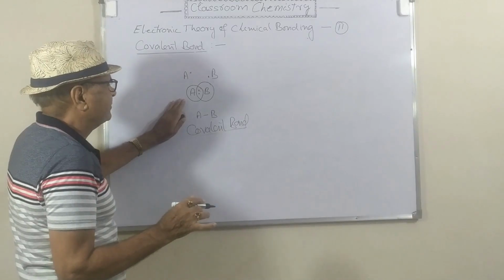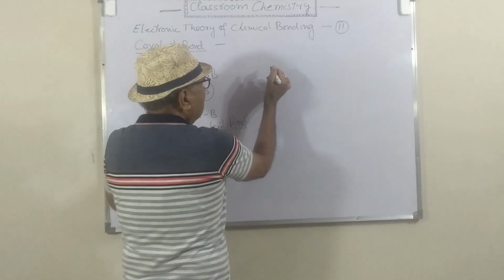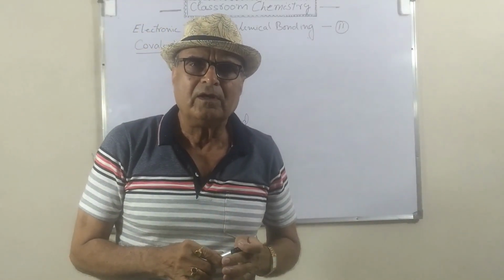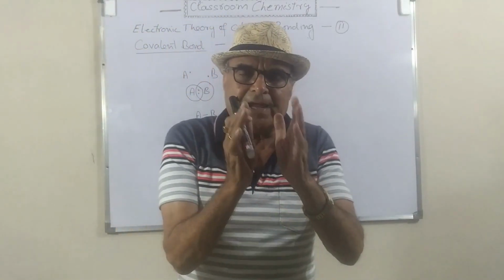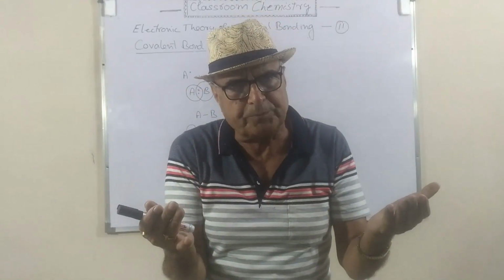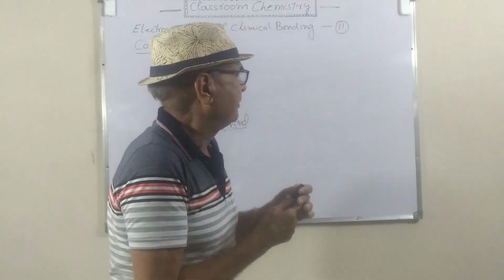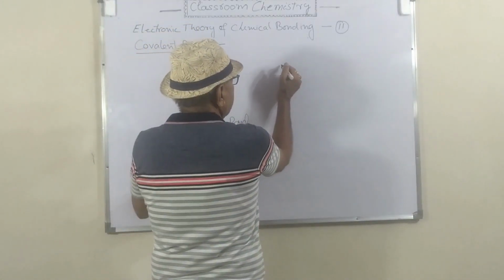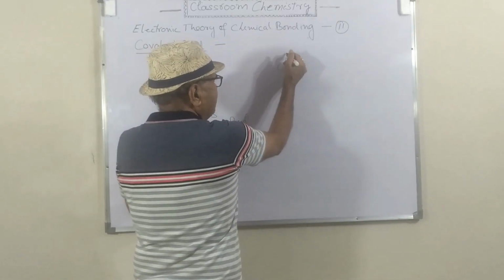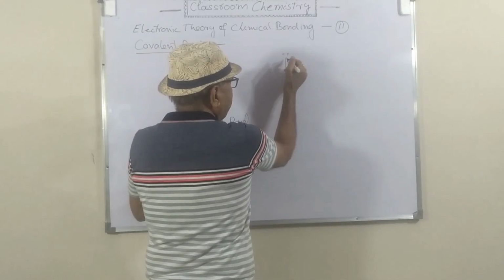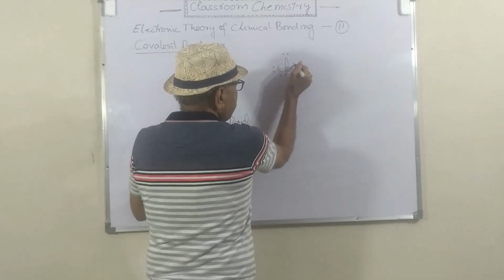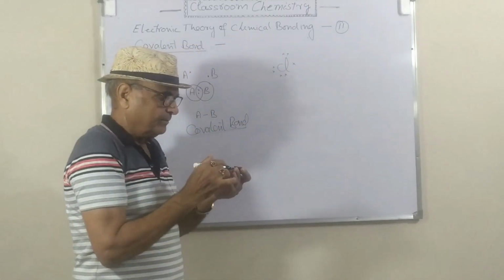Now take the example of chlorine. As you know, the chlorine atom has 7 electrons in the outermost orbit. So you write each chlorine like this. These are the 7 electrons of a chlorine atom.